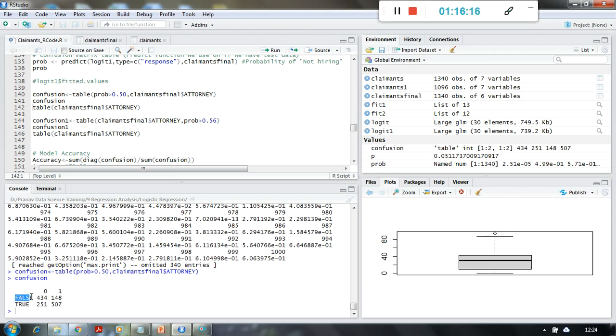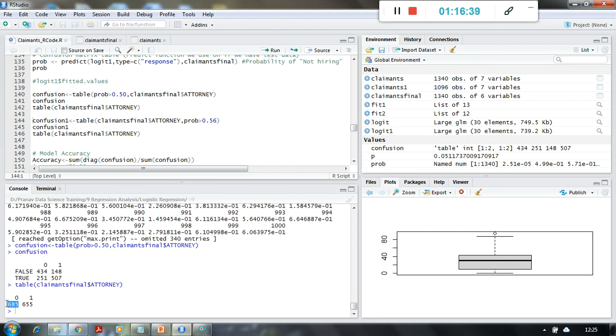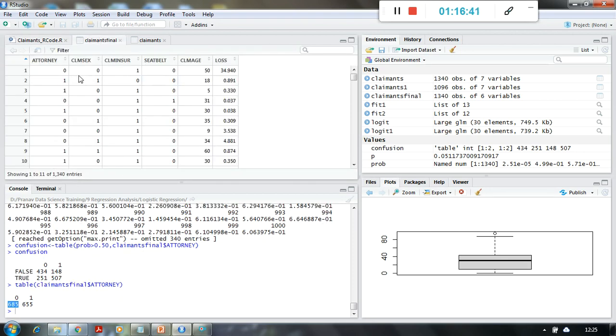The meaning of this is, the false and true are our predicted classes and 0 and 1 are our actual classes. So the values in the vertical column are the totals. If I plot the original, that is, the claimants final data set, $attorney, then originally I am having 685 zeros in the data set.